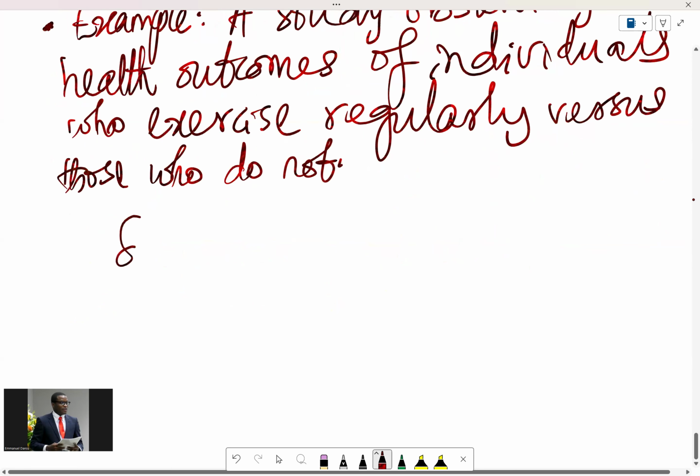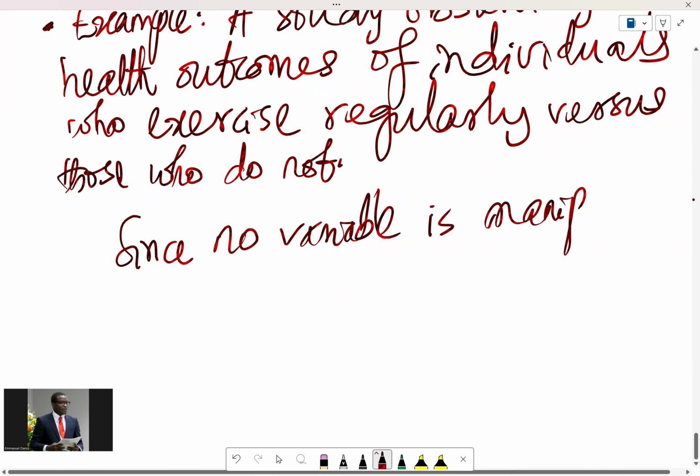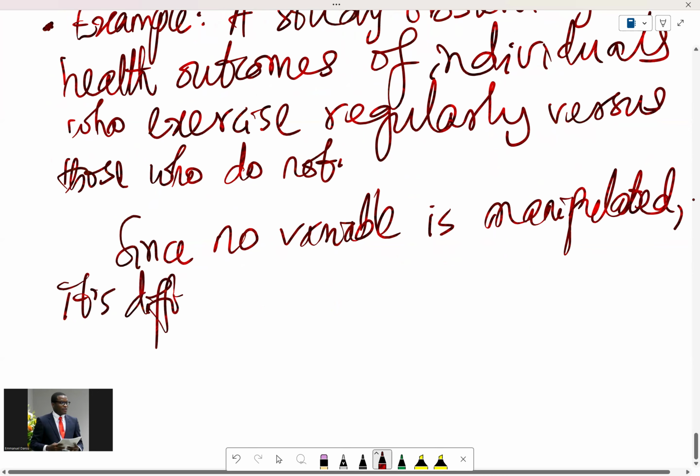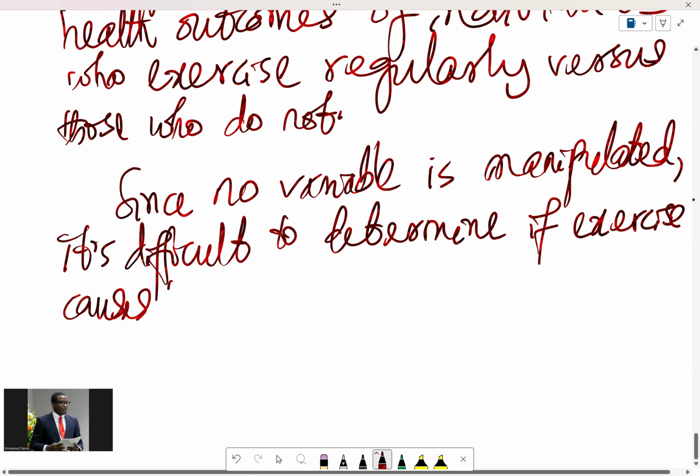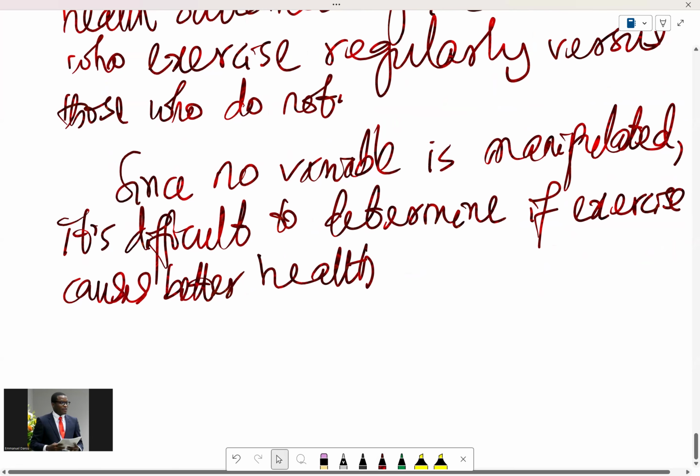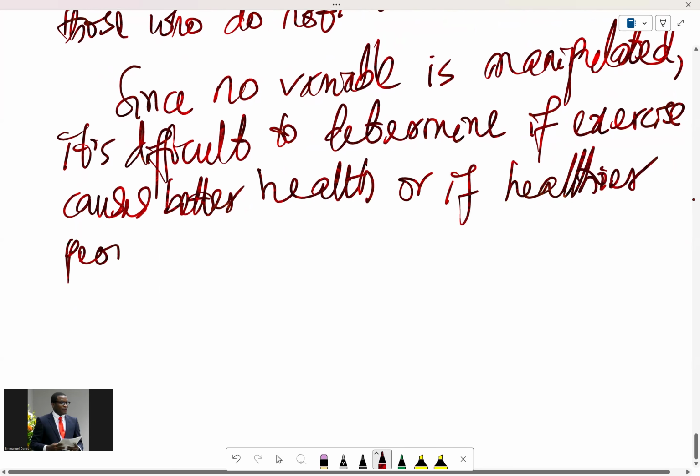So in this case, since no variable is manipulated, like in the case of an experiment, it's difficult to determine if exercise causes better health or if healthier people are more likely to exercise.